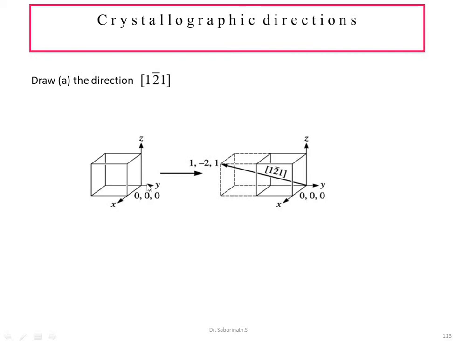Let us take this axis coordinate system, x, y, and z, and here we want to take the y dimension in the negative direction. So one unit we will move to this part.